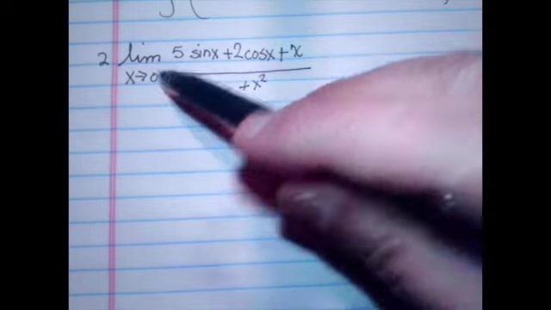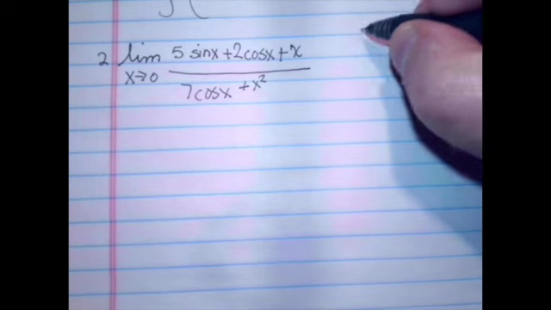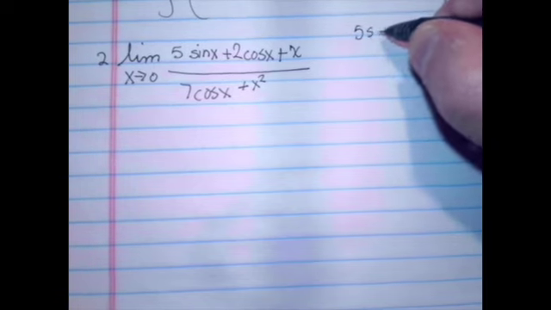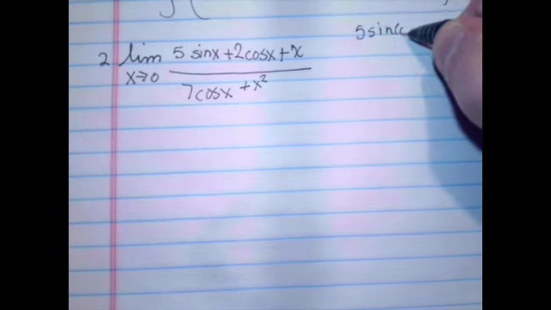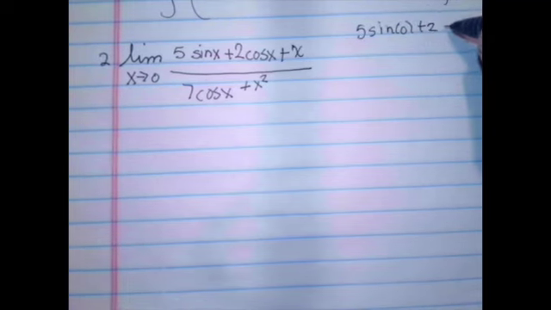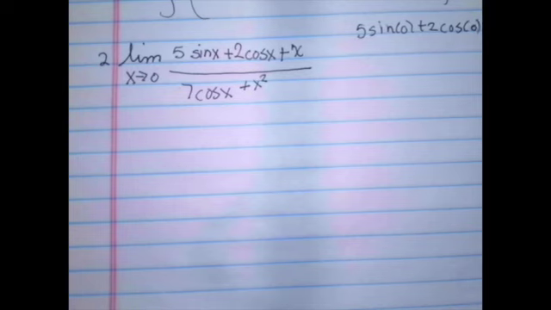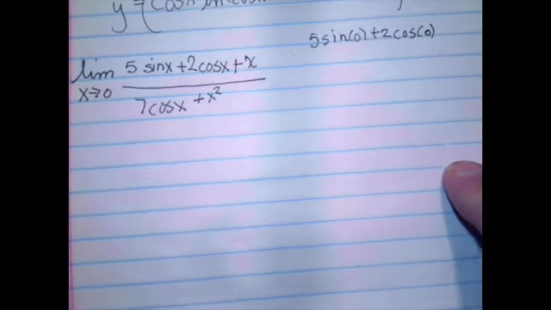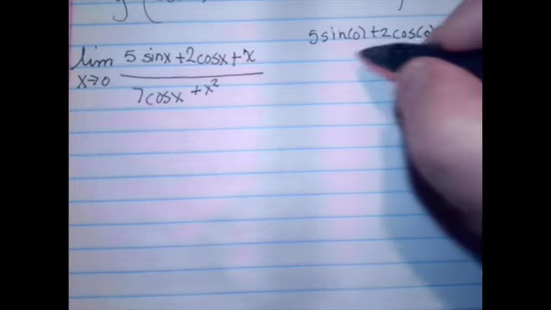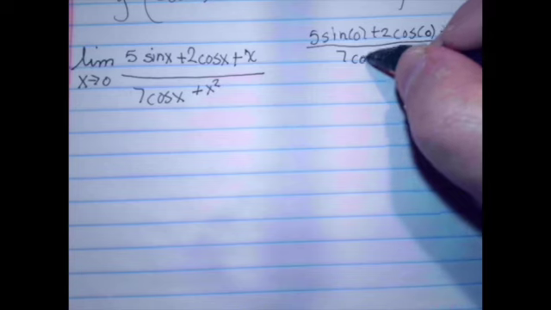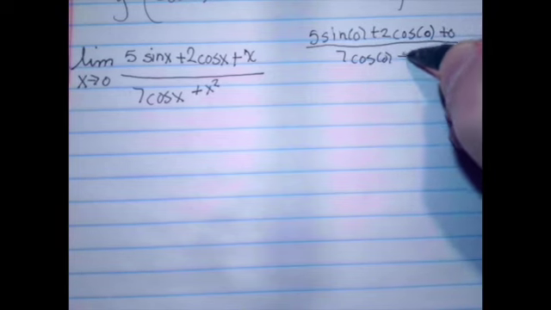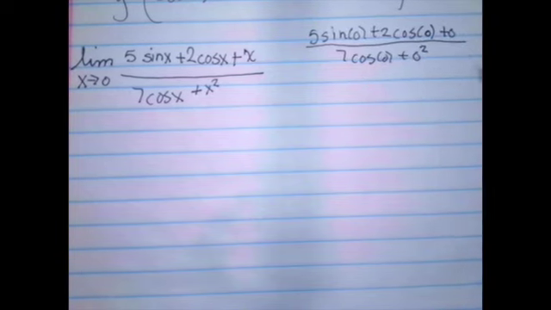So we'll substitute in 0, and if we do that, we get 5 sine 0 plus 2 cosine 0 plus 0, and that's all over 7 times cosine 0 plus 0 squared.